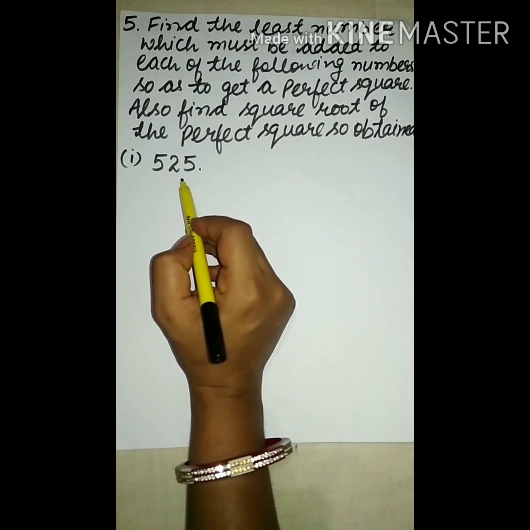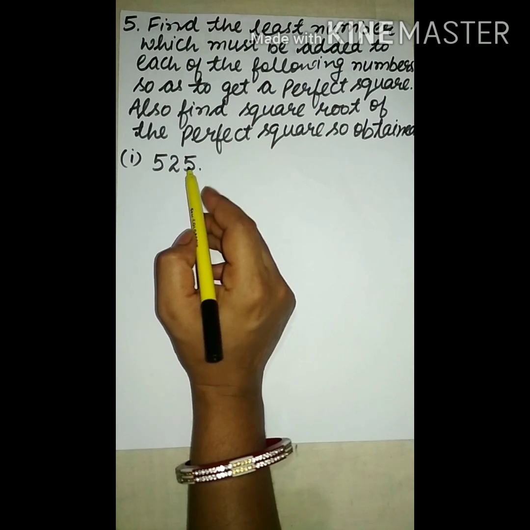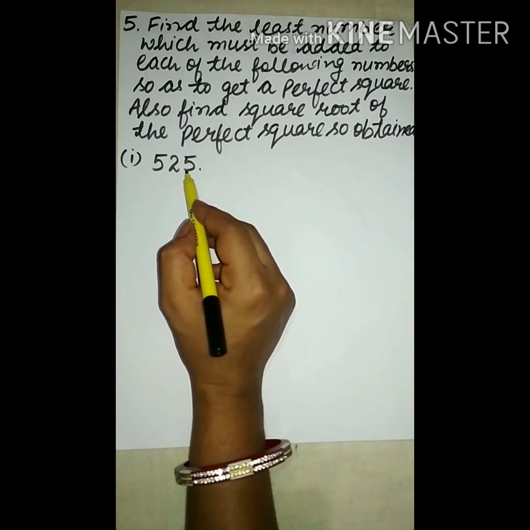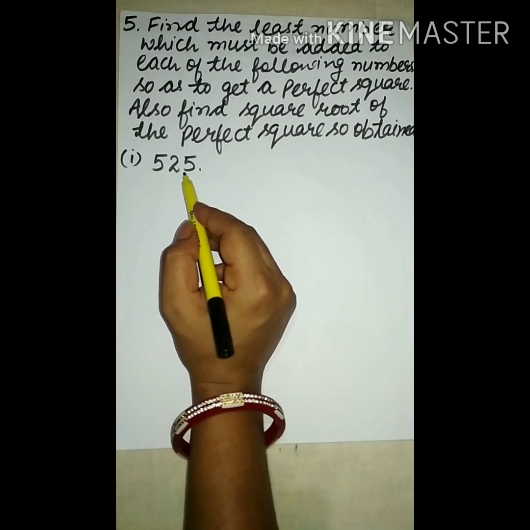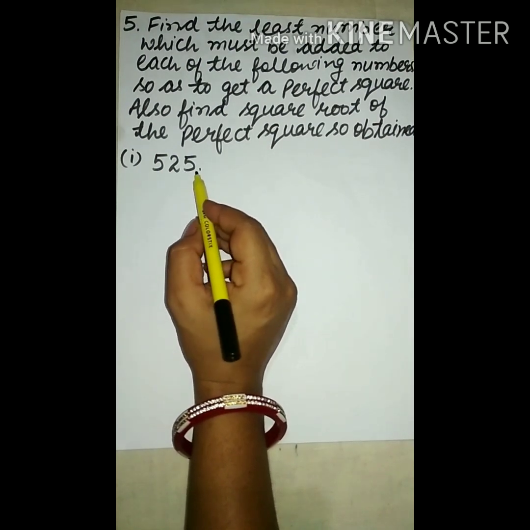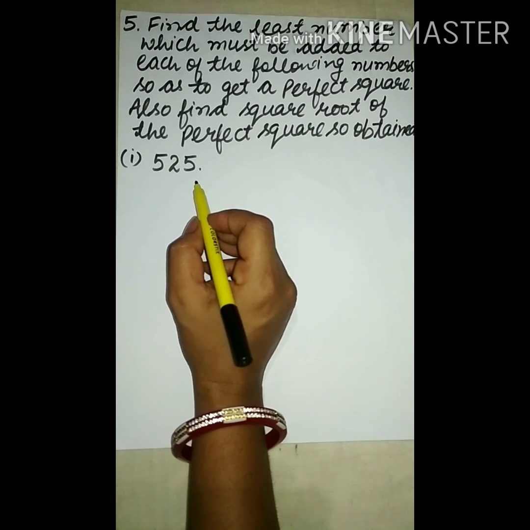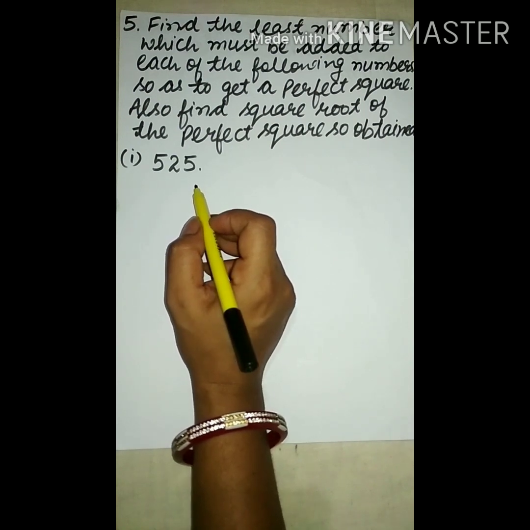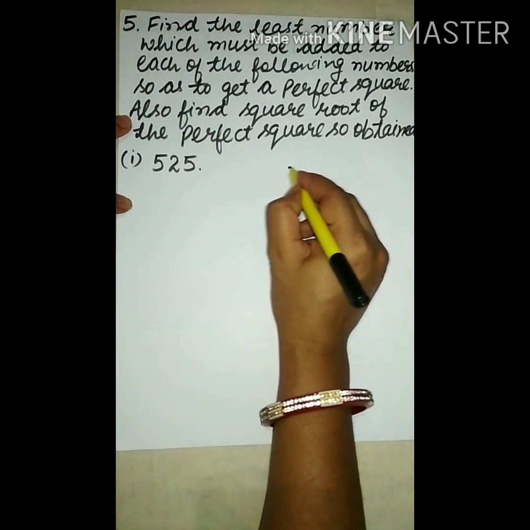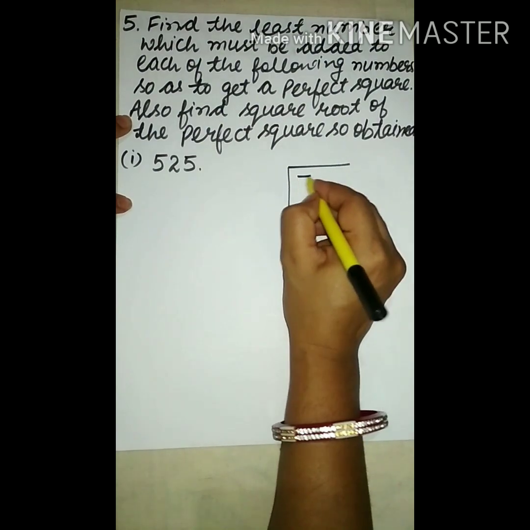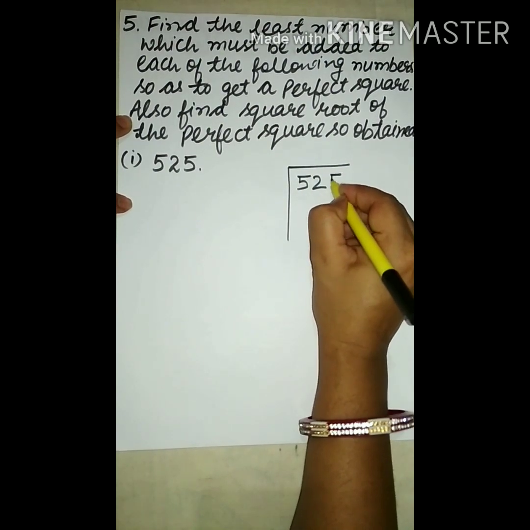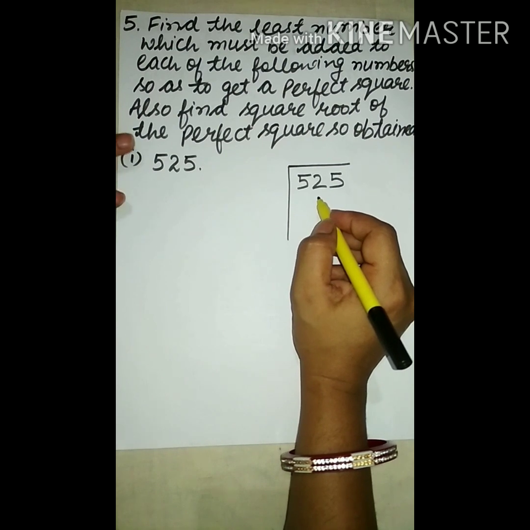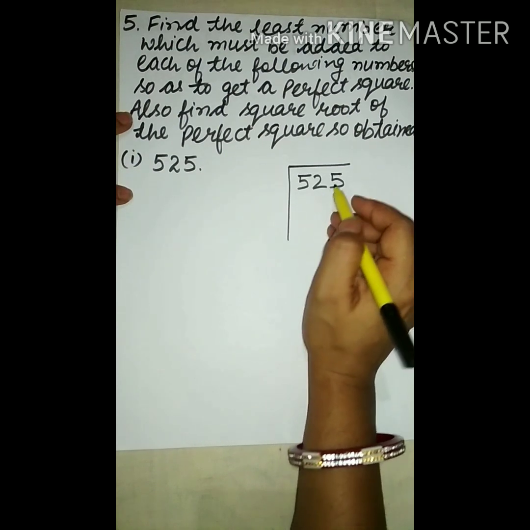Now in this question we have to find out the smallest number which must be added to the given number so as to make it a perfect square. So I'll do the question in the same manner as we did in the previous question. First steps are the same. Similarly, I'll do the division method to solve this question. Again, I'll do the same steps that we did in the previous question.